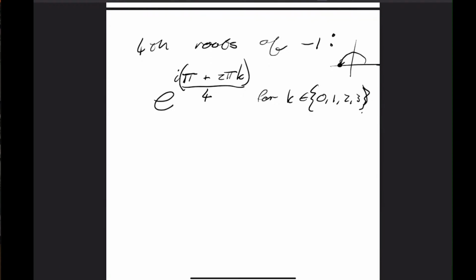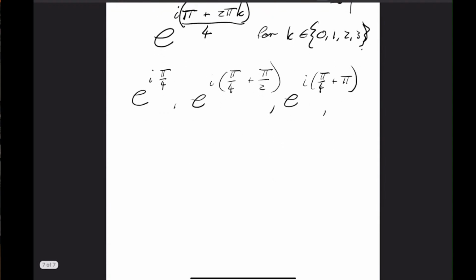So here we have the fourth roots of minus 1. And if we write them out, they are e to the i pi over 4, e to the i pi over 4 plus pi over 2, e to the i pi over 4 plus pi, and e to the i pi over 4 plus 3 pi over 2.